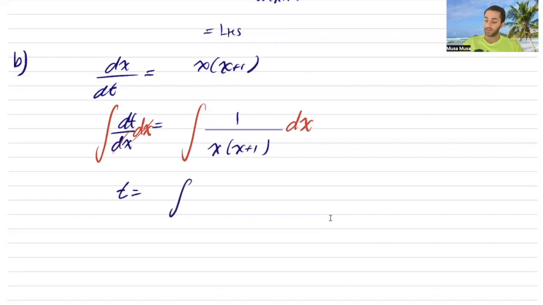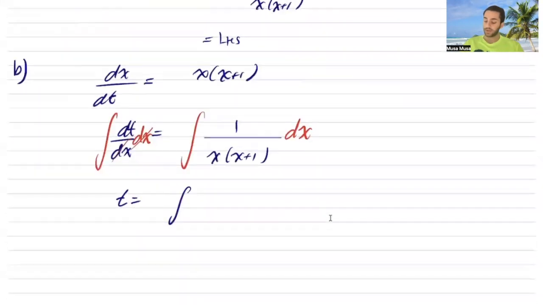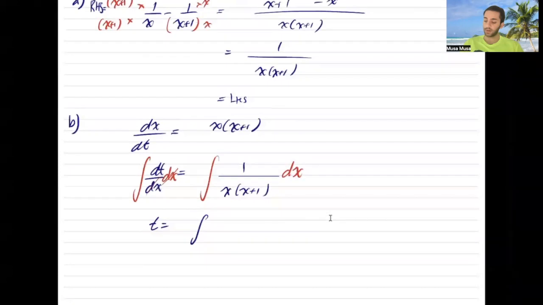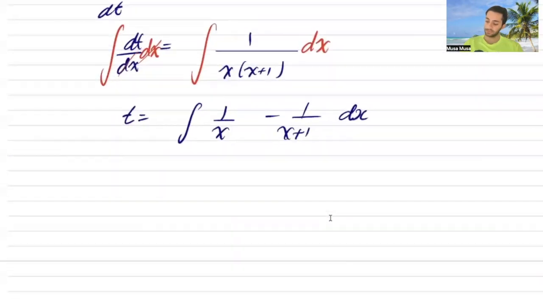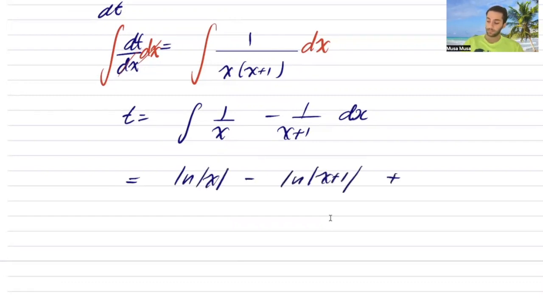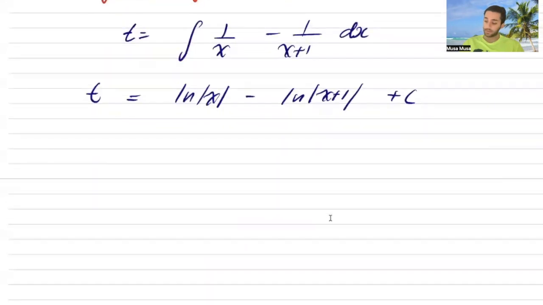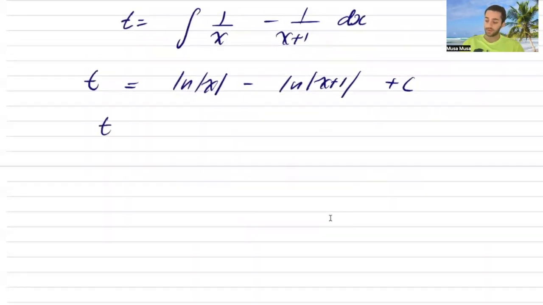And then now this, because I can't do anything with it directly, I can go and split it up to be 1 on x minus 1 on x plus 1 dx, like this. Let's move this over, t minus c equals, and then bring this all together.